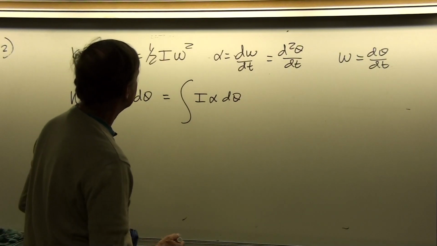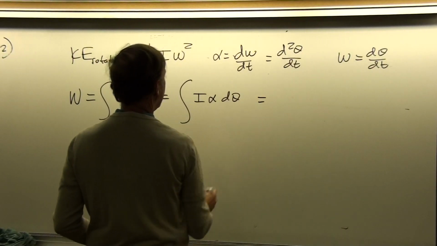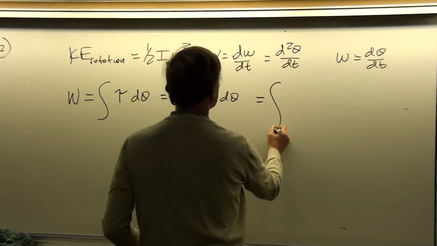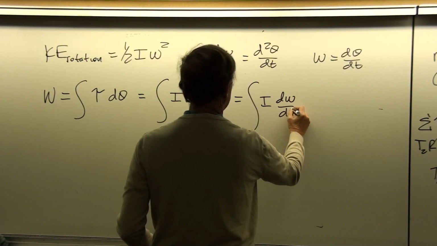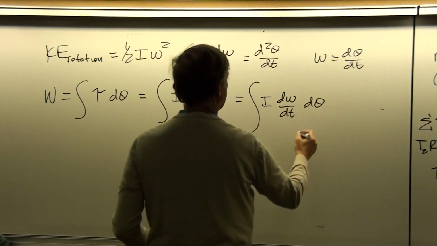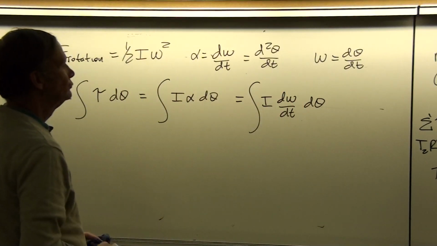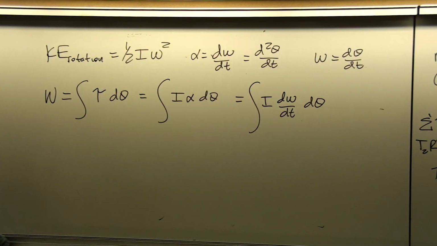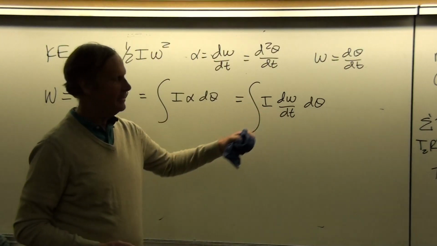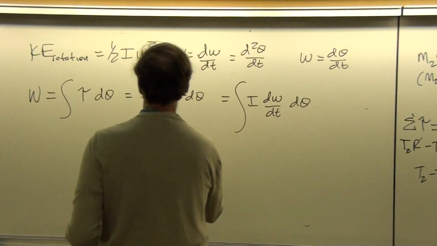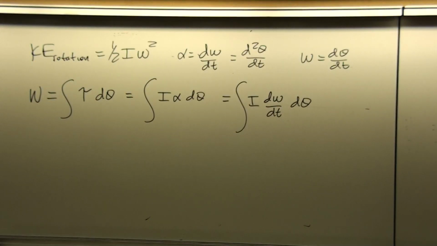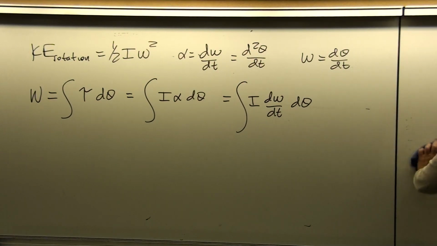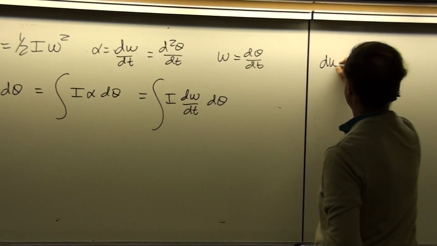So those are our connecting links here. The one that is going to help us the most in this problem is to write this as I d omega dt times d theta. So that's alpha. And that doesn't look like it's helped us very much. But if I use the chain rule, we can see that this d omega dt can be rewritten in a more useful form for this problem.